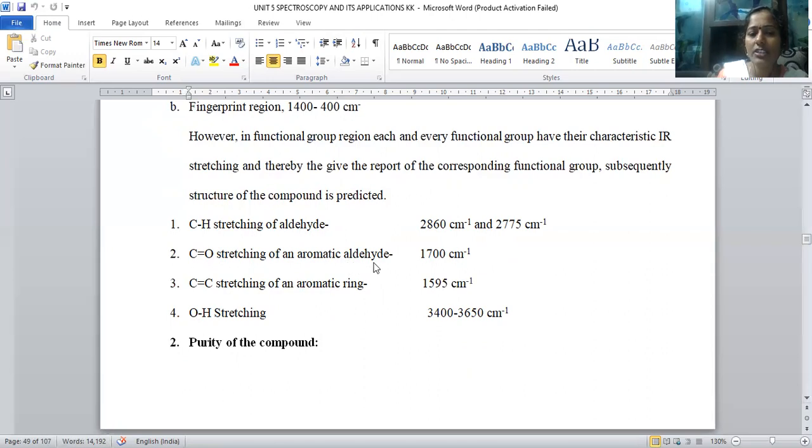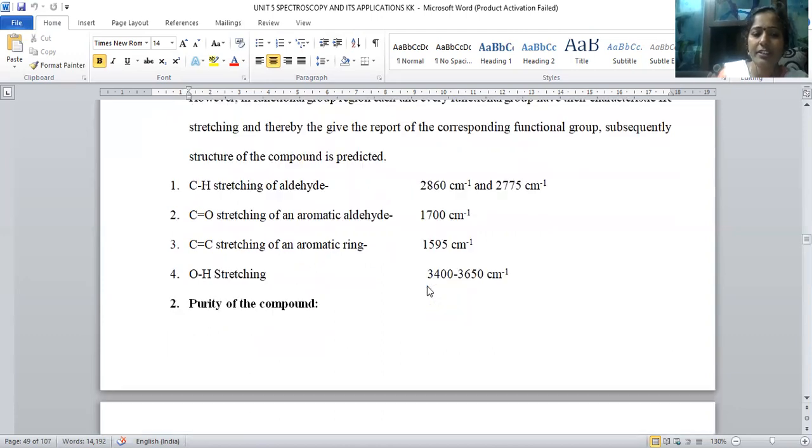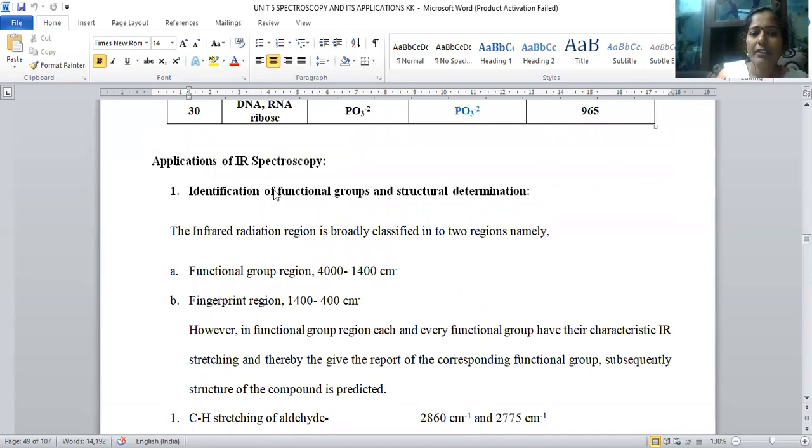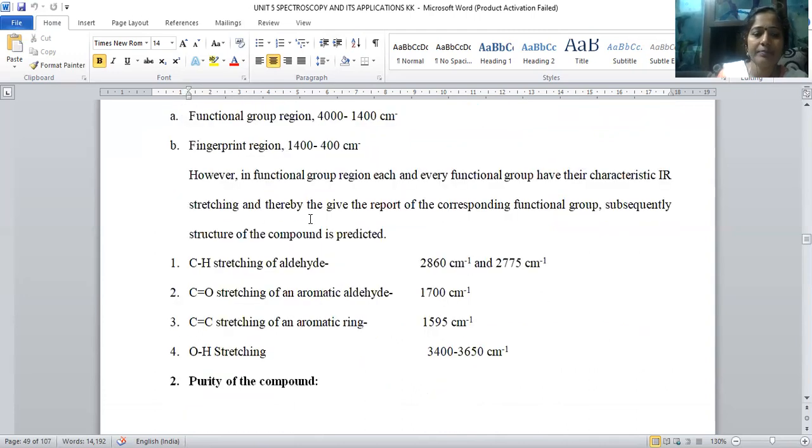If we want to determine the carbonyl stretch, the aromatic aldehyde will give a peak at 1700 centimeters. The carbon-carbon double bond stretch will appear at 1595 centimeter inverse. In this way, each functional group has its own characteristic region, hence it is called a fingerprint.